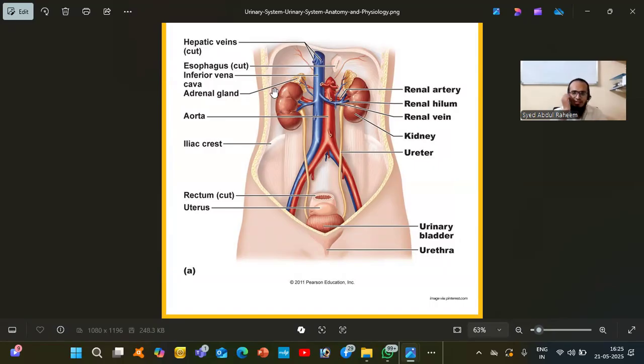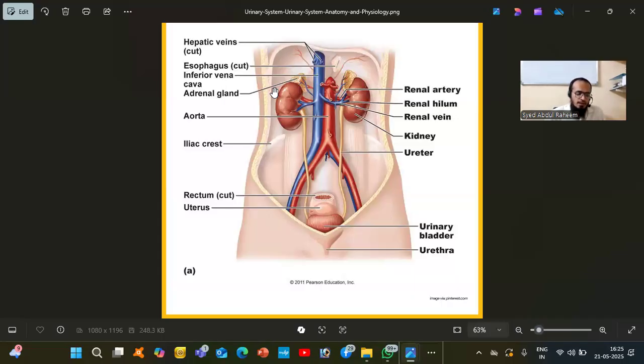For the diseases of the urinary system, kidney, ureter, urinary bladder, urethra, we need some radiological tests to understand what type of disease is there and which organ is involved.